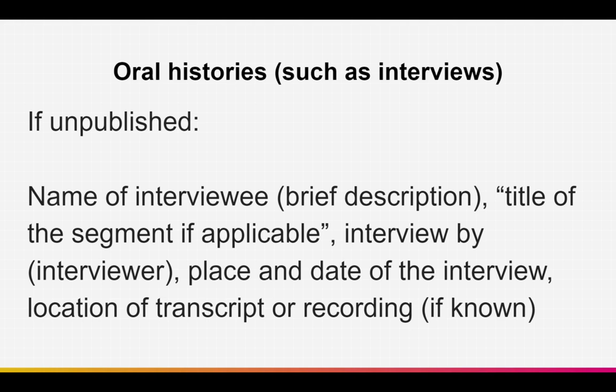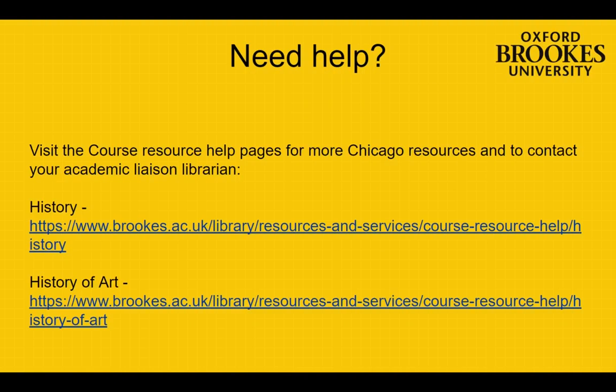If you have the rare opportunity to do an interview yourself, you could put something like in discussion with the author, and then the place and the date of the interview, and if known, the location of either the transcript or recording. So for instance, if you came across the interview in a local archive, make sure you indicate where in the archive it's located.